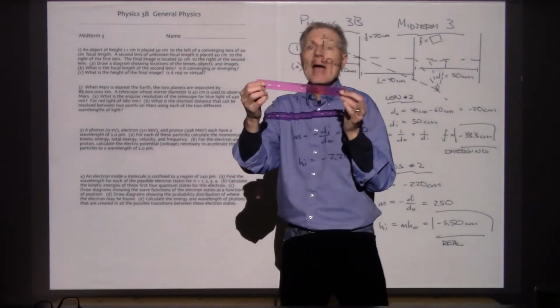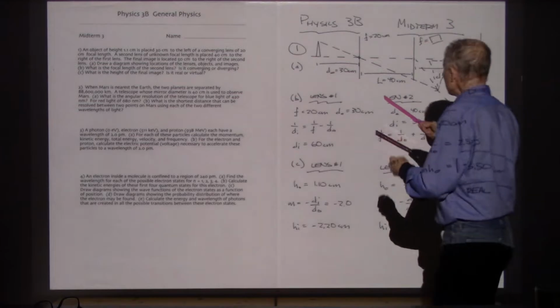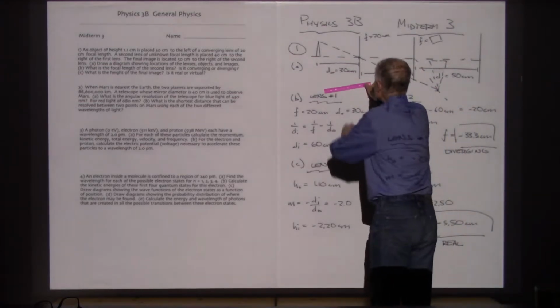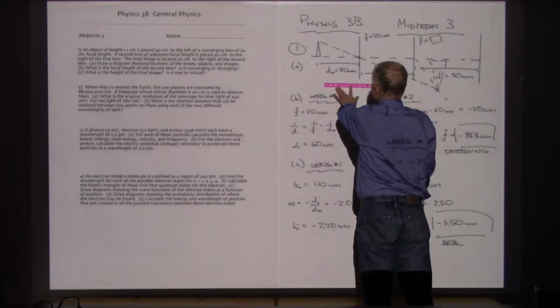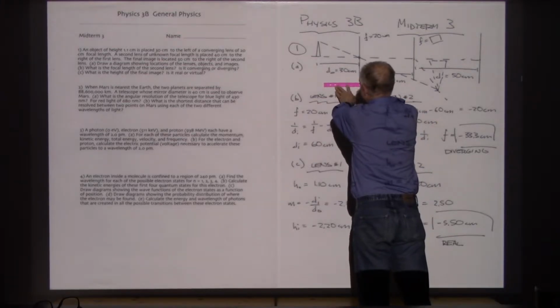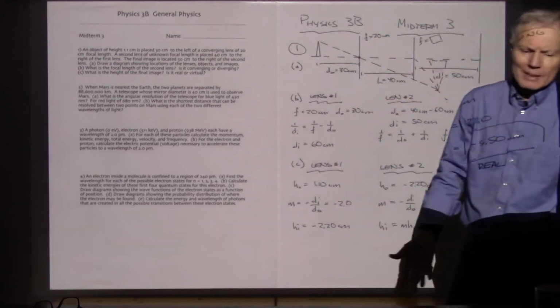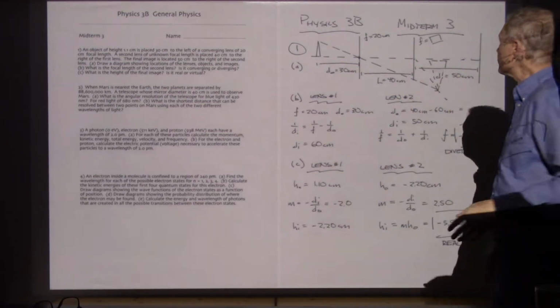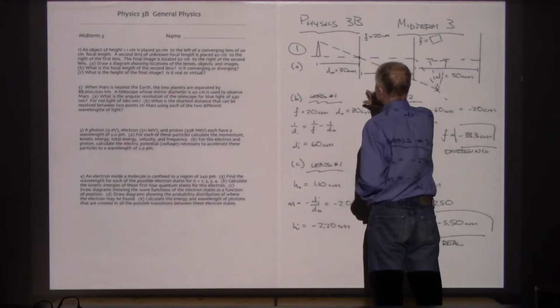The ruler I'm using is clear, and what that allows me to do when I put it on my paper is I can still see everything through the ruler. And so I just come up with some kind of a scaling system. 1 centimeter equals this much distance, and then plot everything.